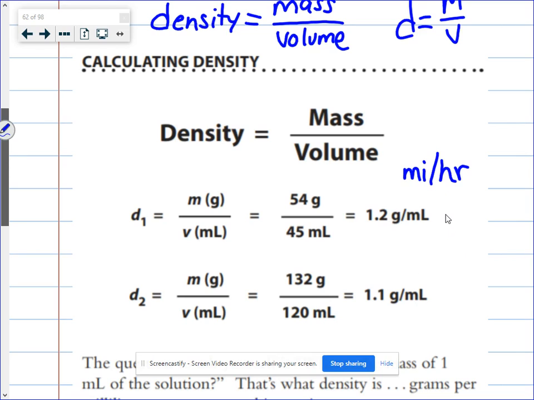But I can see that my first sample is more dense. So I'd like you to write that next to it. Sample number 1 ended up being more dense.